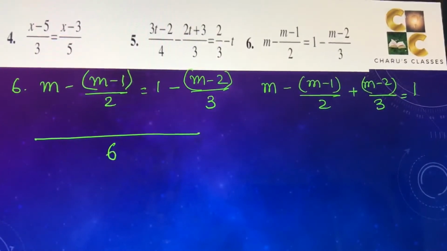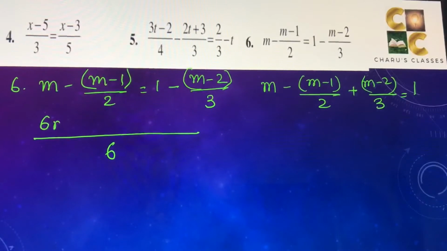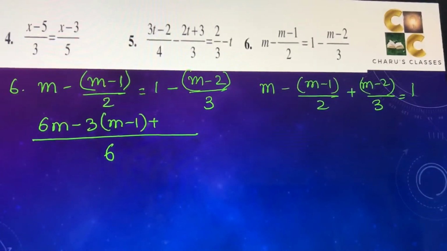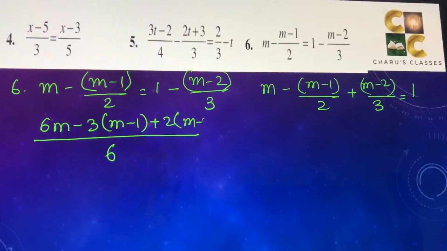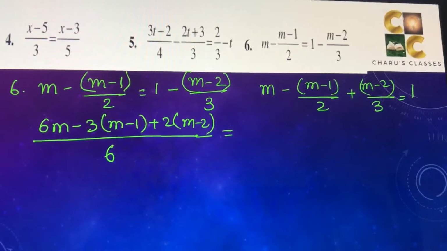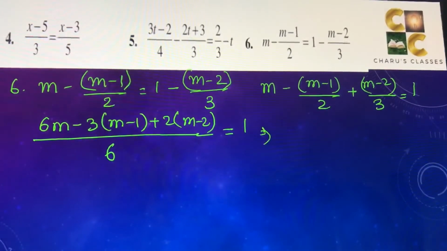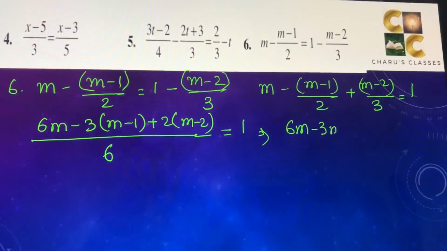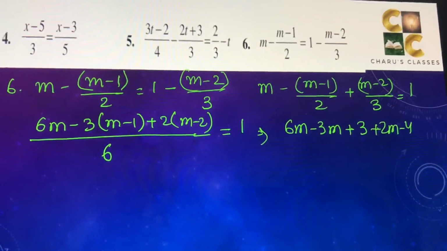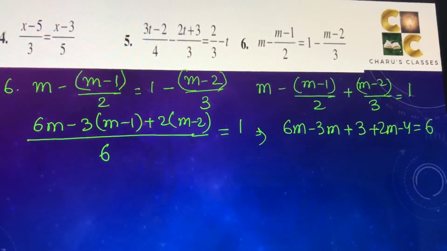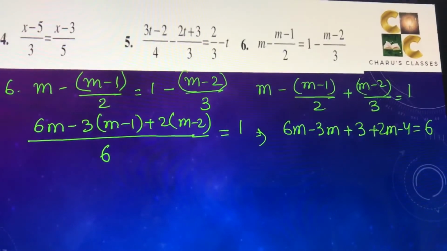Taking the LCM, so this gives us 6. This will be 3 into (m minus 1) plus 2 into (m minus 2), over 6. This is equal to 1. Or we can write it as 3m minus 3 plus 2m minus 4 is equal to 6, as 6 will go and multiply with 1, which is equal to 6.